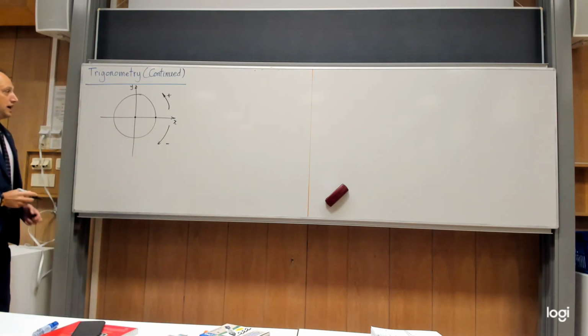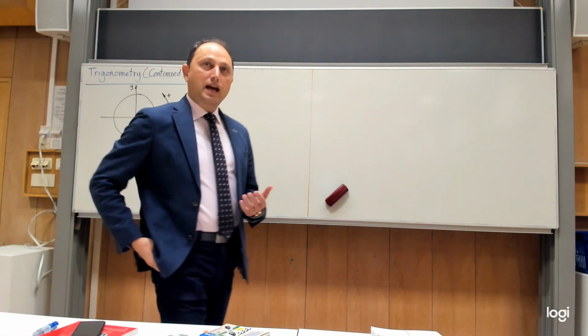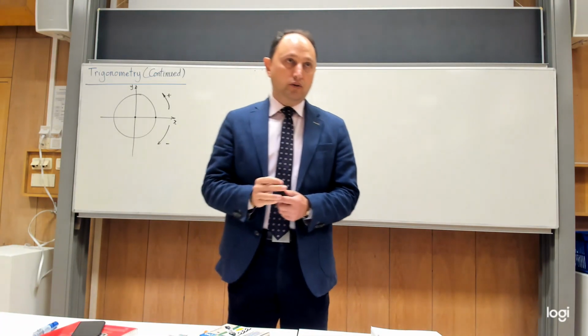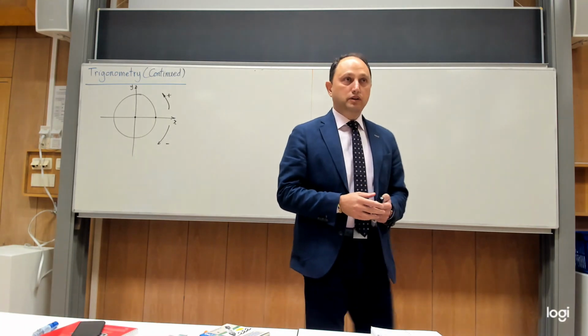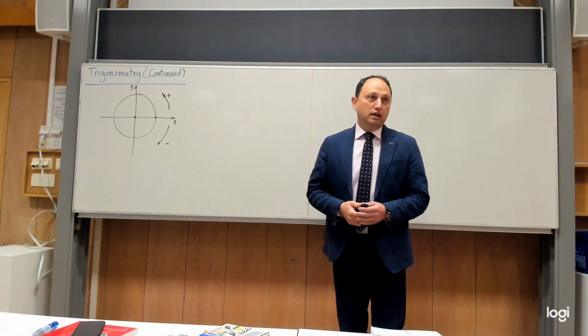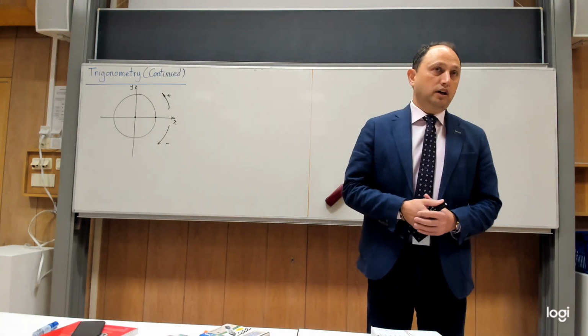And then in trigonometry, the difference between a trigonometric angle and a geometric angle is that in geometry, angles are between 0, the lowest value is 0 degrees, and the highest value is 360 degrees. But in trigonometry, we have also negative angles. We can have angles greater than 360, whatever you like, yes?